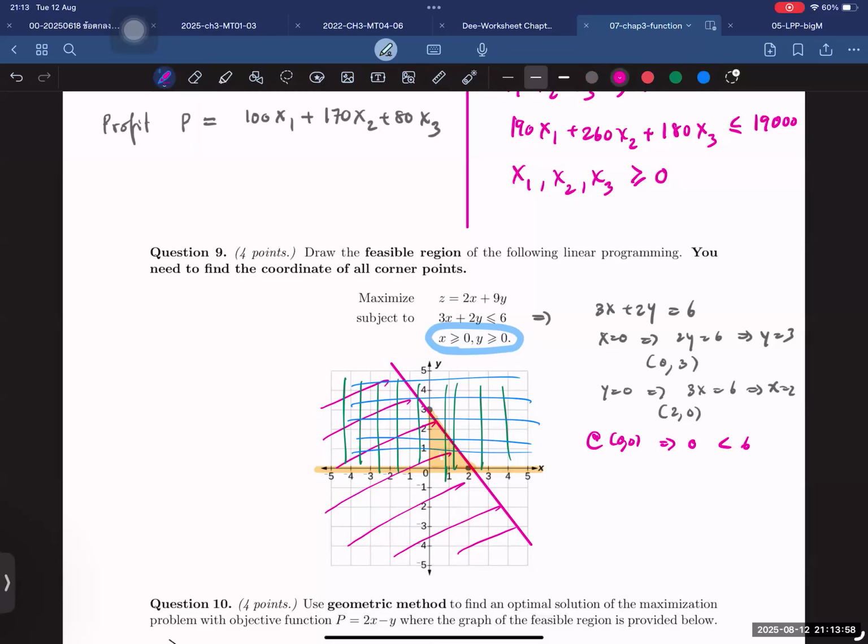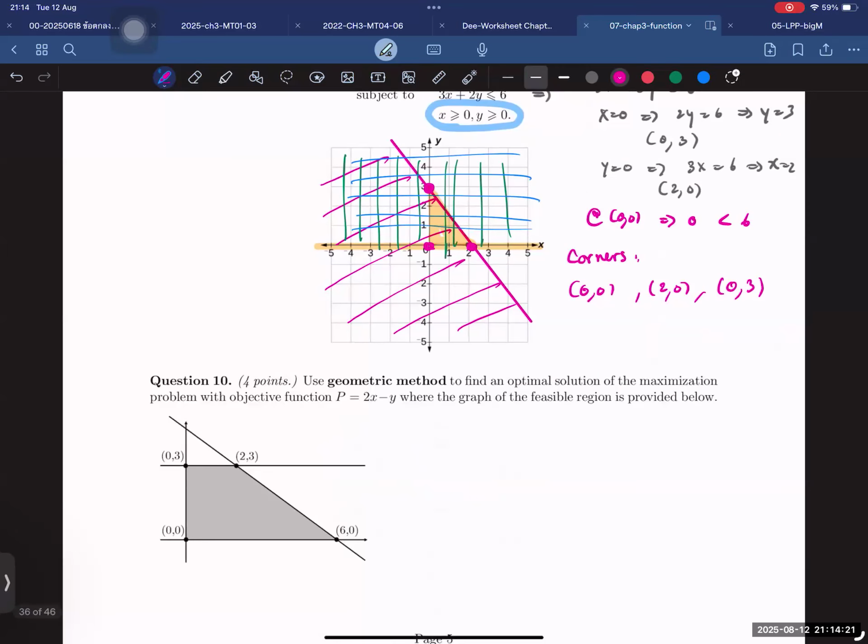So the corners would be this, this, and this. So the corners would be 0, 0, 2, 0, and 0, 3. Okay, they ask for the feasible region, that's it.